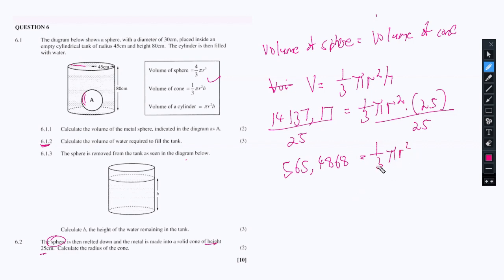And then in order to get rid of this 3, I can multiply both sides by 3, right? Multiplying by the reciprocal of this number. So if I multiply that by 3, I'm left with pi r squared is equals to 1,696.4604. And then now I can divide by pi.